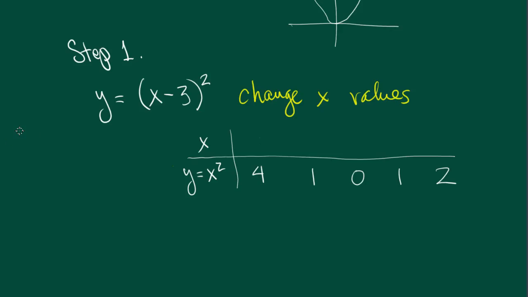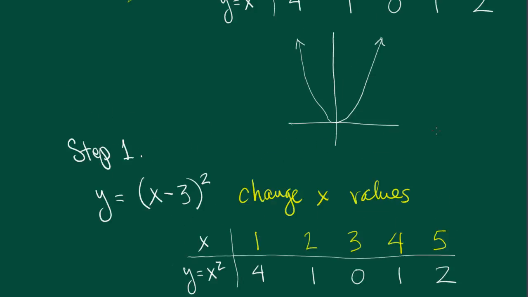Okay, what I've done here is I copied the y values that I had before, and now I know that my x values are going to move 3 units to the right, so I'll take the x's that I had before, which were -2, -1, 0, and so on, and add 3 to each one of them. So now I have 1, 2, 3, 4, 5.